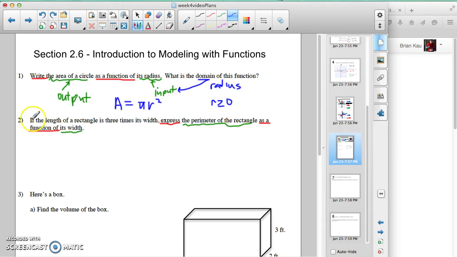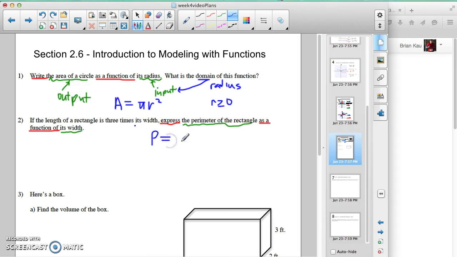All right, in the second function, it says the length of the rectangle is 3 times its width. Express the perimeter of a rectangle as a function of its width. So in this case, we're going to have to do some work with the expression. The expression is going to be the perimeter of a rectangle.